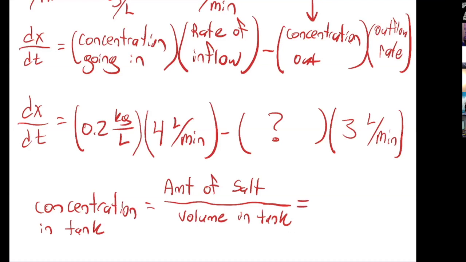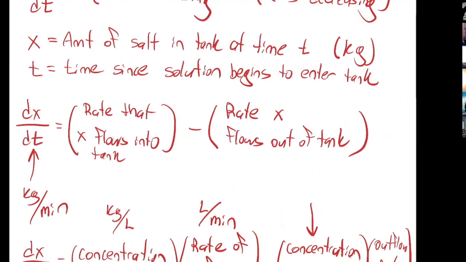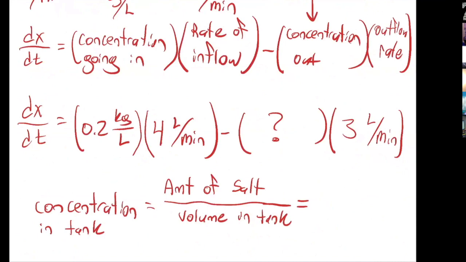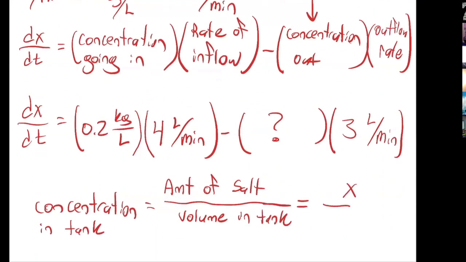What's the amount of salt in the tank at time t? That's exactly what we call the variable x. So we've got an x over there, and that's pretty much the same in all of these examples. That x is telling me how much is in the tank at time t.